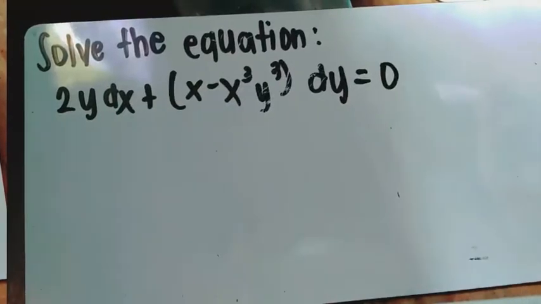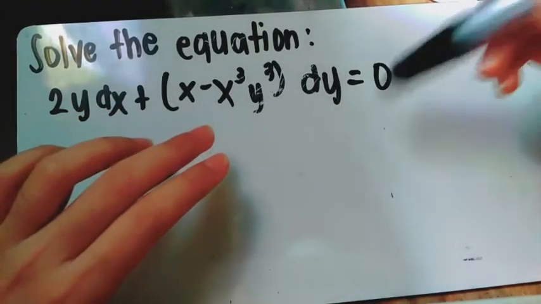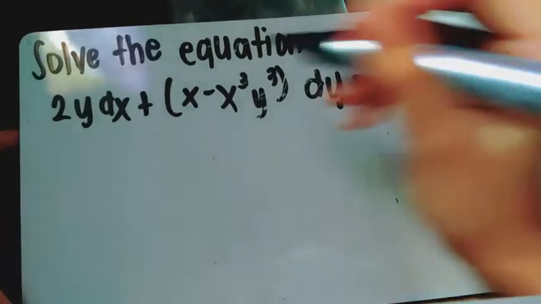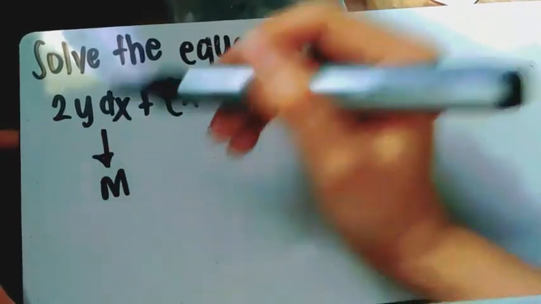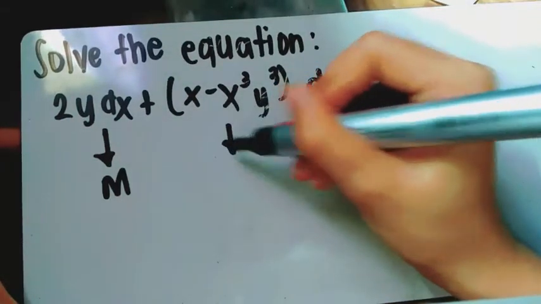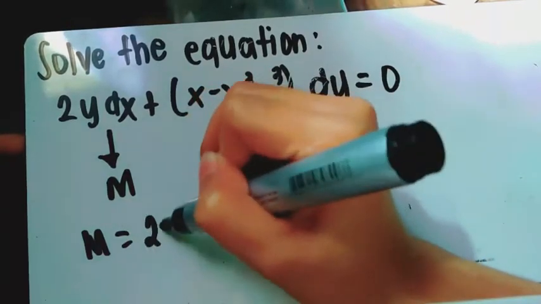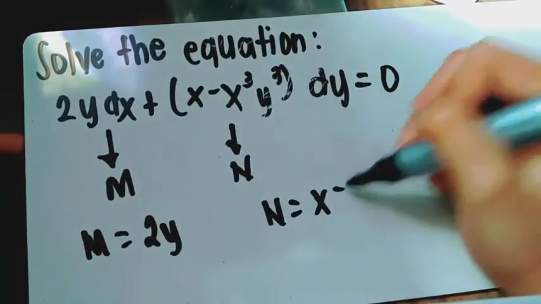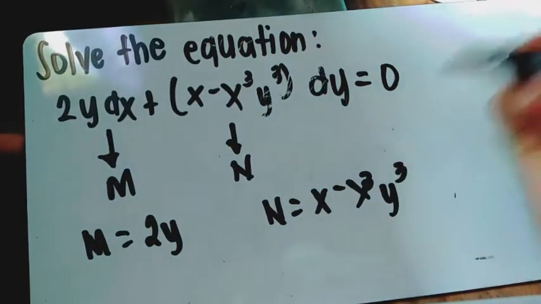Proceed naman tayo sa third equation, wherein meron tayong 2y dx plus x minus x cubed y cubed dy is equal to 0. We can now have the m and our n. Therefore, m is equal to 2y, and n is equal to x minus x cubed y cubed.